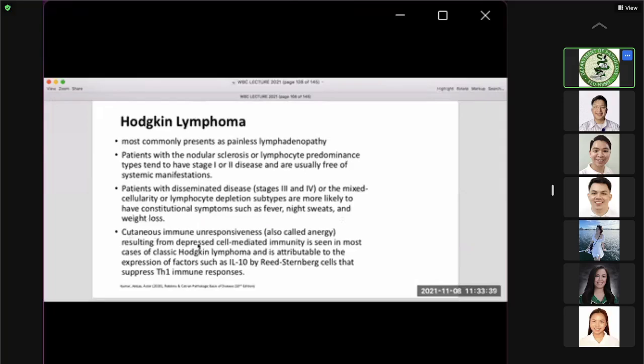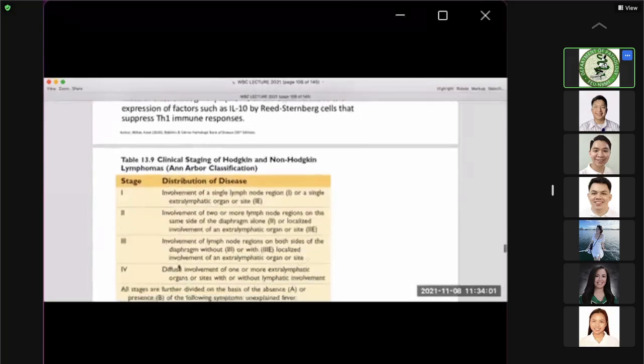Cutaneous immune unresponsiveness, also called anergy, resulting from depressed cell-mediated immunity, is seen in most cases of classic Hodgkin's lymphoma. This is attributed to factors such as interleukin 10, which suppresses Th1 immune responses.